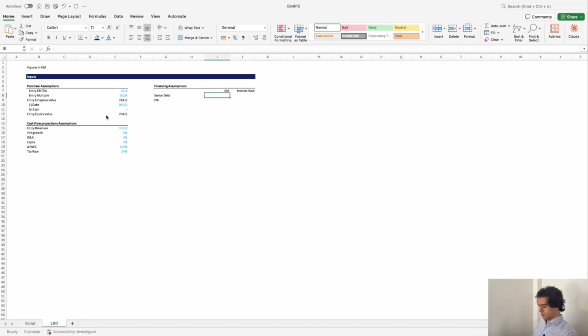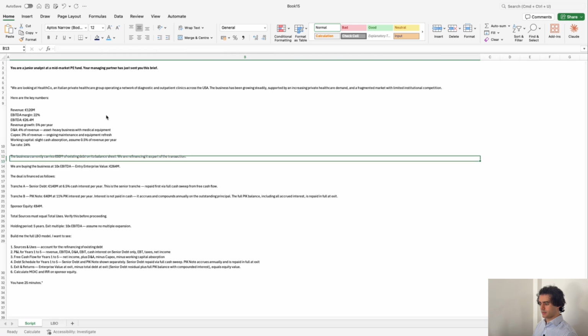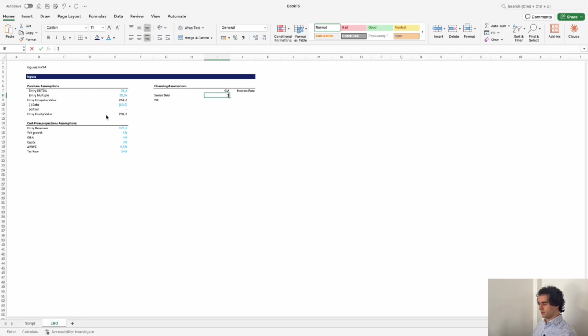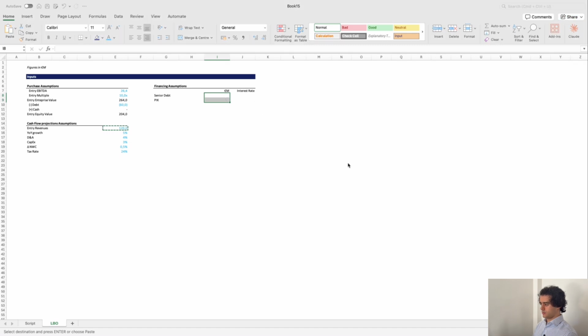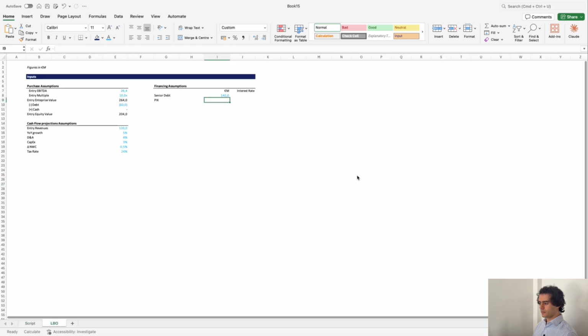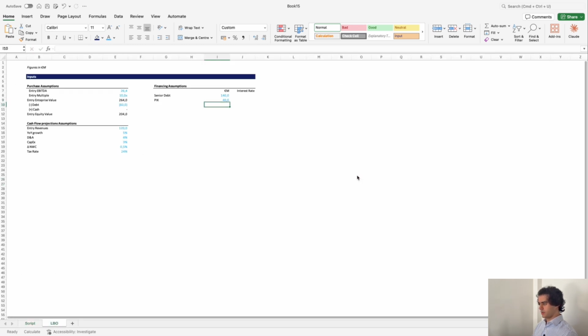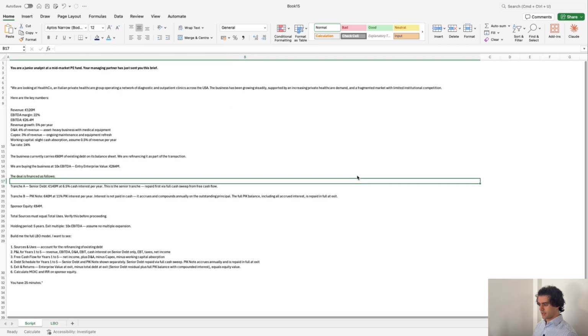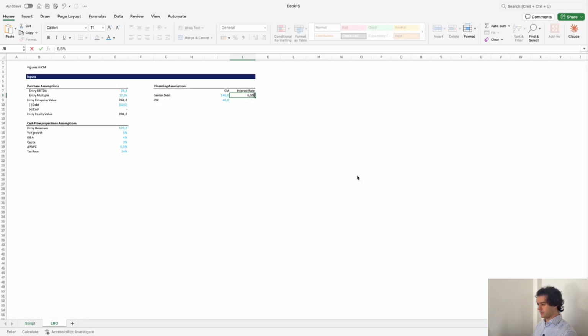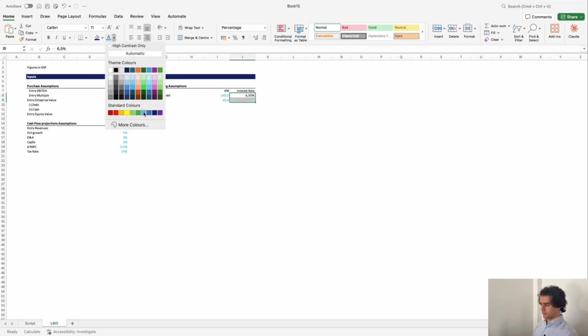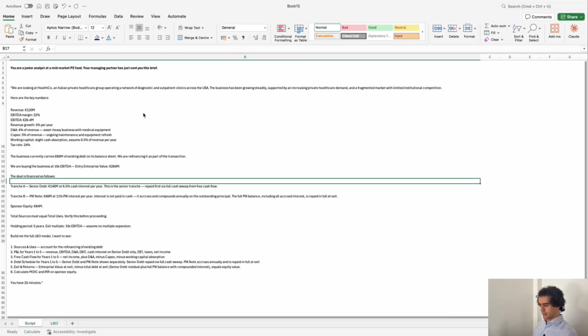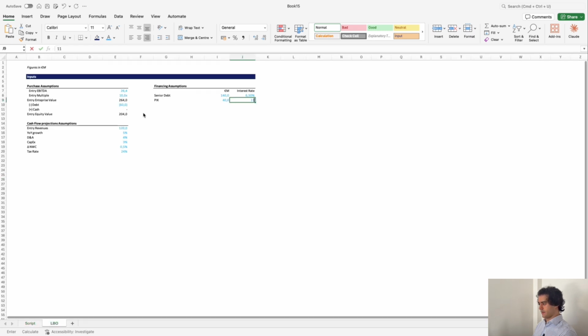So we know that our senior debt amounts to 140 million. And our PIK is 40 million euros. The interest rate of the senior debt is 6.5%. And the PIK is 11%.